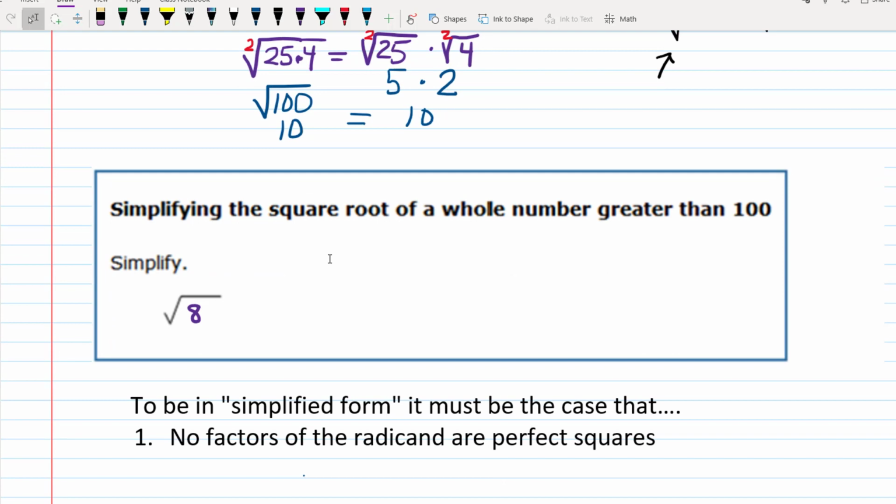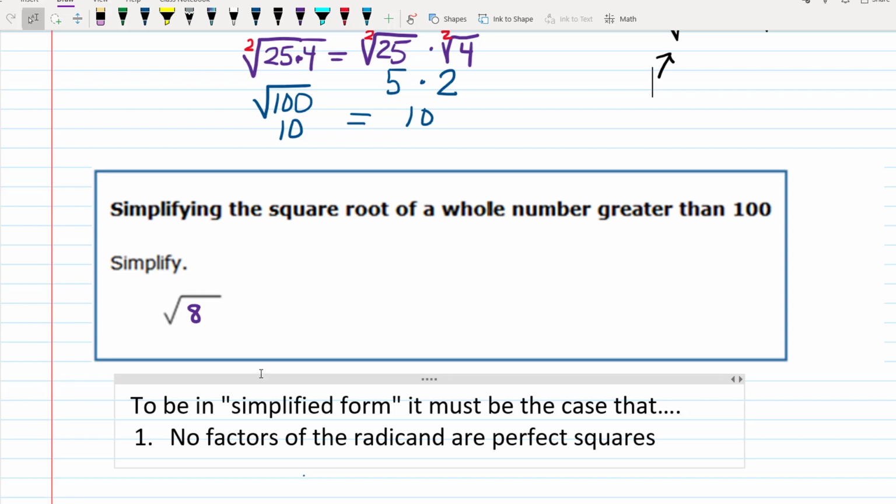And if there's no fraction involved, there is one condition that has to be met in order for a square root to be considered simplified, or really any radical, but we're going to look at square roots first. It has to be the case that none of the factors of the radicand are perfect squares.